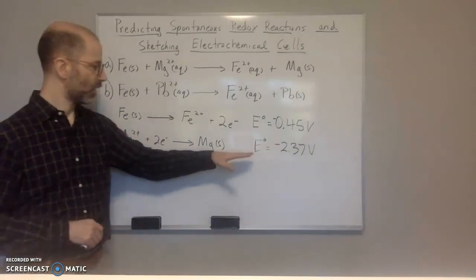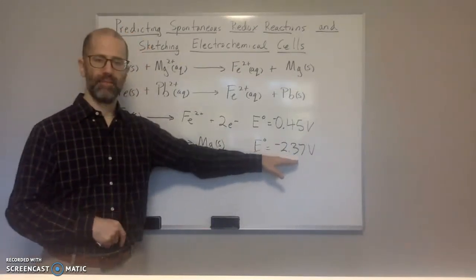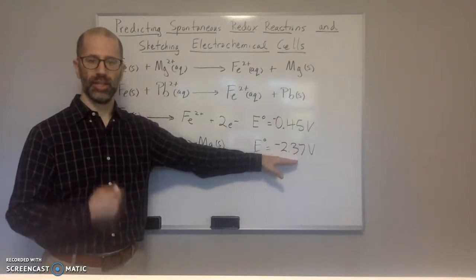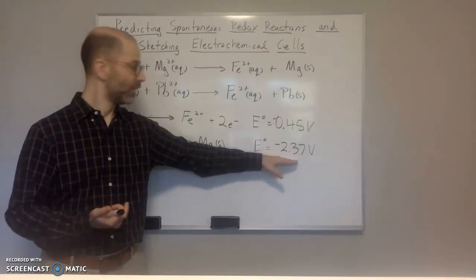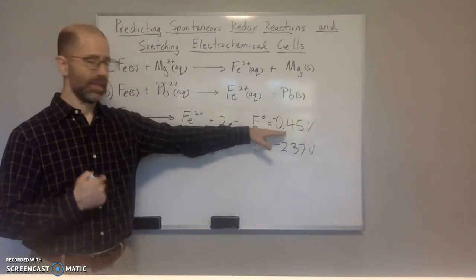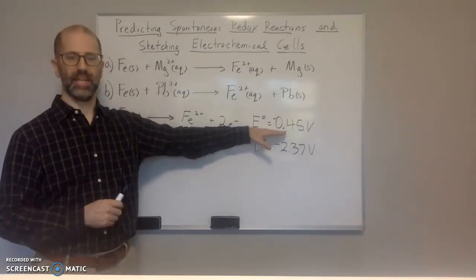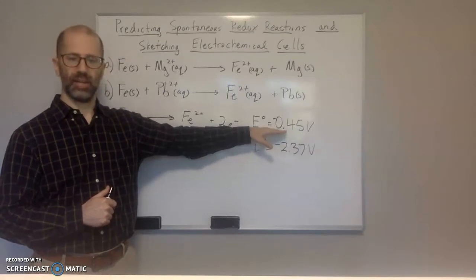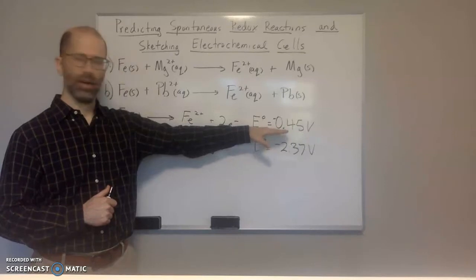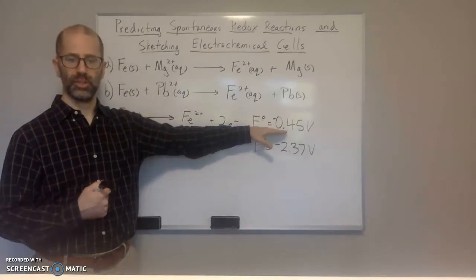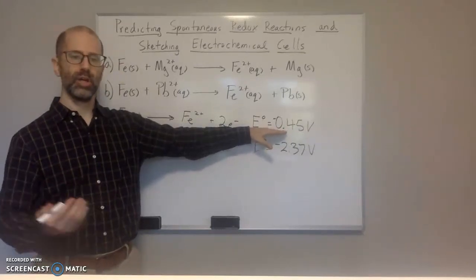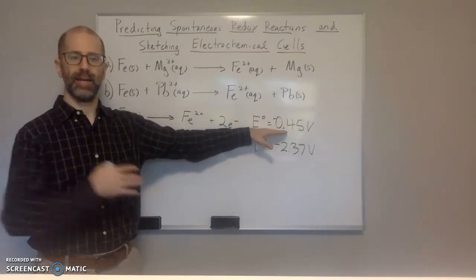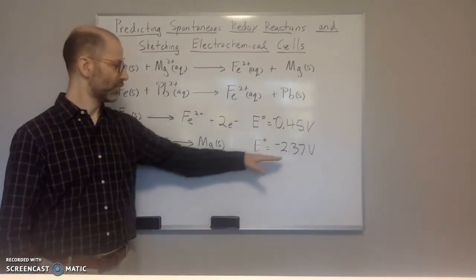So think about it this way: the more negative you are, the higher the potential energy the electrons have at that electrode, and the more positive or less negative the standard electrode reduction potential, the lower the potential energy. Electrons are more spontaneously going to go from high energy to low, so you can think of it that way.